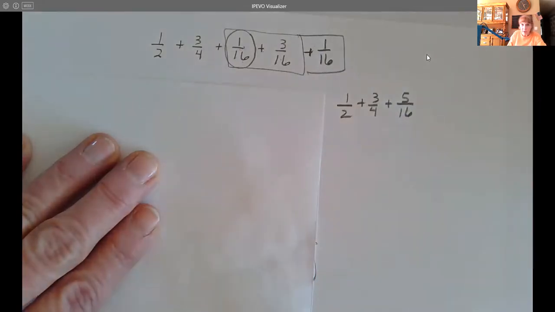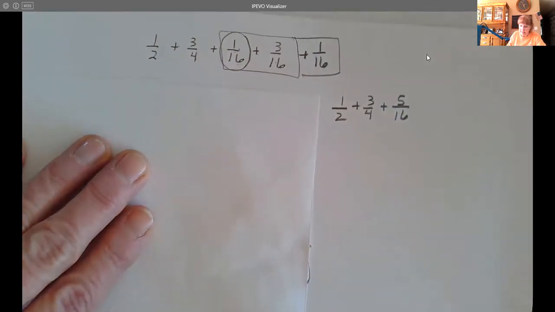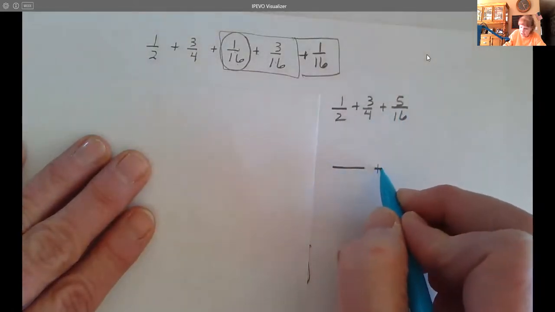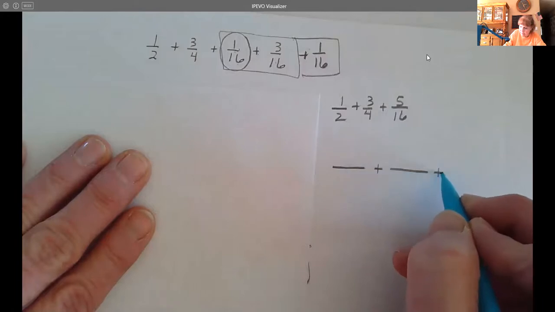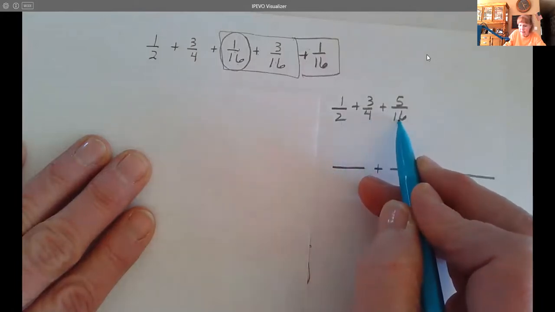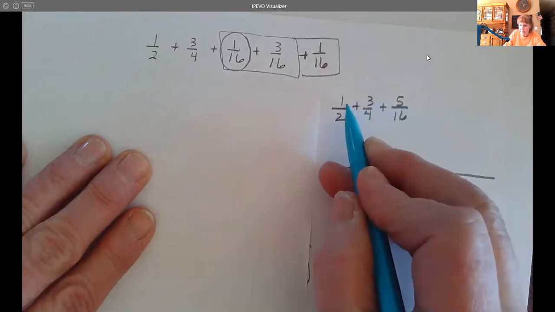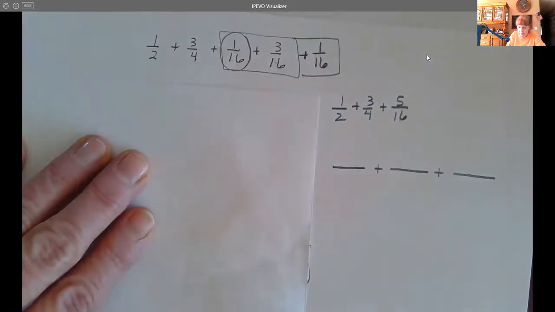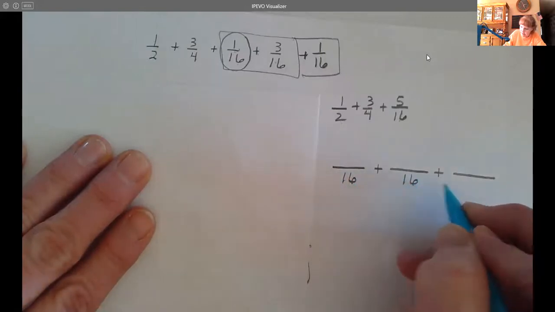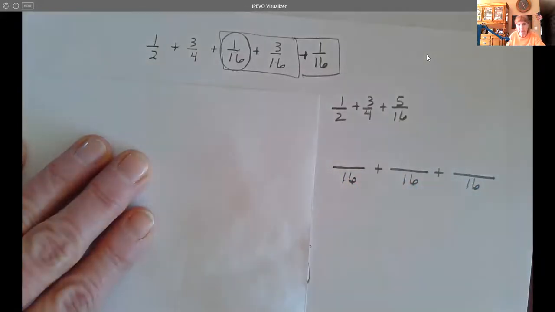So now it's not quite as easy because I ended up with a 4th fraction here. I'm going to have to change these 3 to a denominator of 16 so I can add the numerators together. So I'm going to have 16, 16, 16.